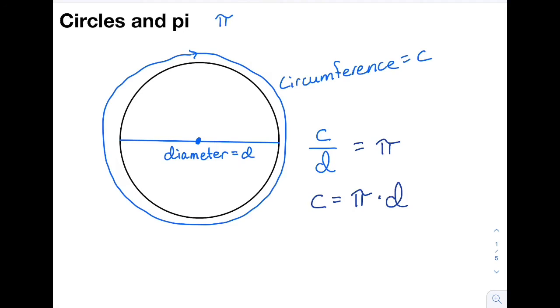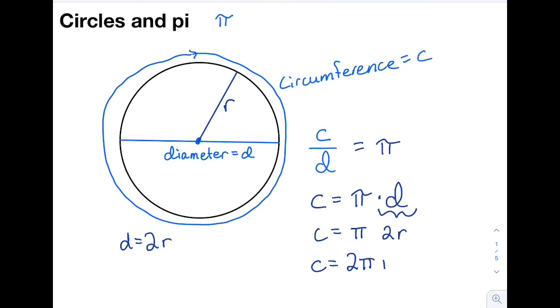We can remember that our diameter is actually twice the radius, where the radius is the distance from the center of the circle to the edge of the circle. So sometimes we replace this d with 2r, and we write the circumference is 2 pi r.